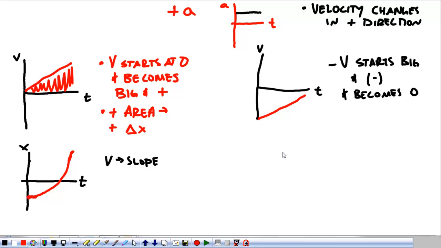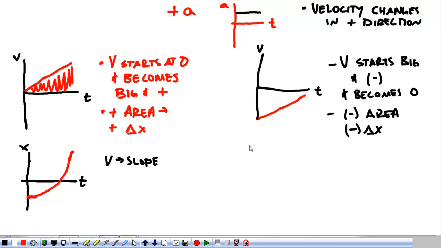It shrinks. It goes away. And I see that I have, in this case, a negative area, which means I have a negative displacement.